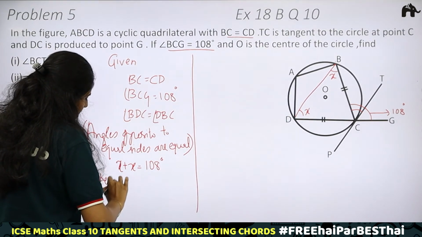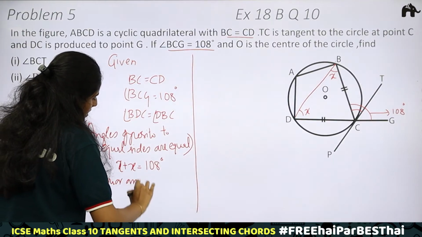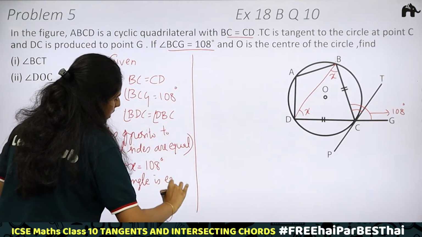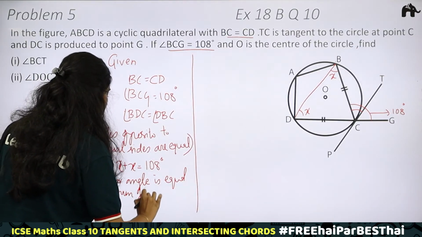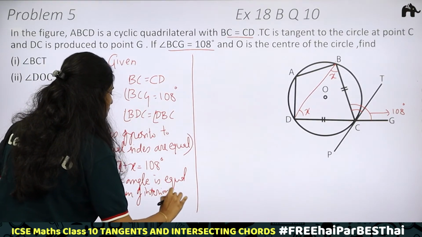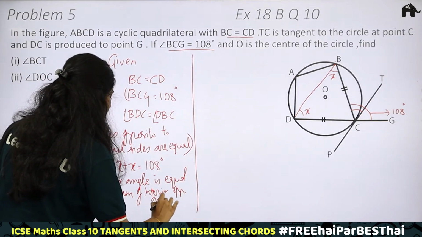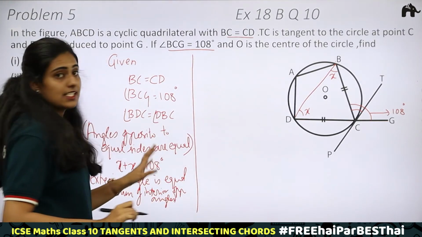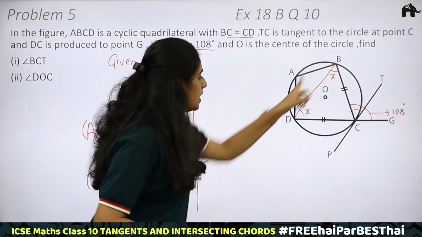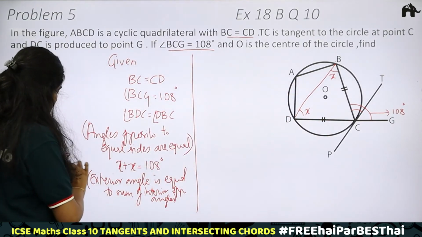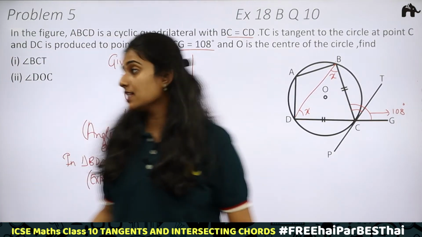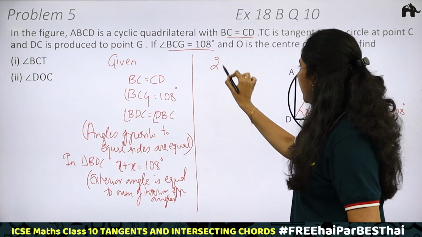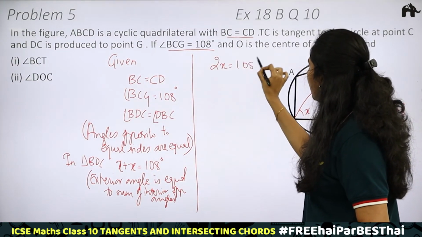So here we are considering the triangle BDC. That is X plus X, we get 2x. 2x is equal to 108 degrees.